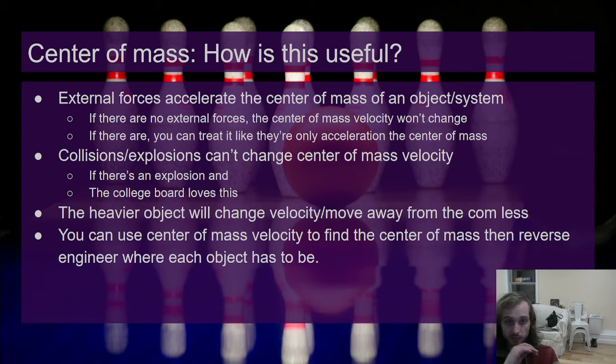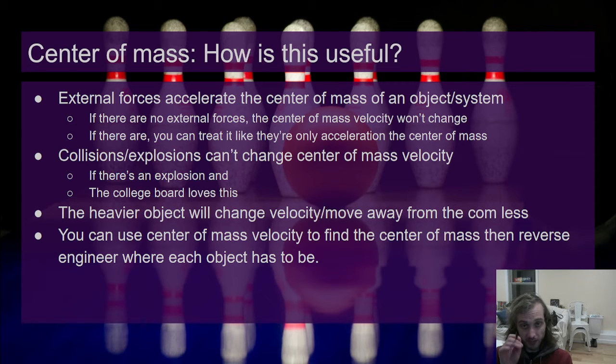What that also means is that collisions and explosions, the things that momentum's really useful for, which is why it's in this unit, don't change center of mass velocity because there aren't any external forces. So if there's an explosion and you know where some of the pieces are, or if they tell you about all this other stuff, there's going to be this huge paragraph of just rambling nonsense that you could spend 20 minutes figuring out what the center of mass velocity would be.